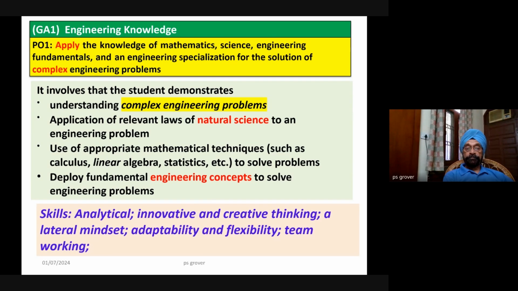They come from Bloom's taxonomy. Bloom's taxonomy says human learning can be divided into three domains: cognitive domain, affective domain, and psychomotor domain. When I'm saying affective domain, that means I'm addressing the value system, like ethics. I'm addressing the emotions, like helping each other, caring for each other. These things are expressed in the format of program outcomes using Bloom's taxonomy.